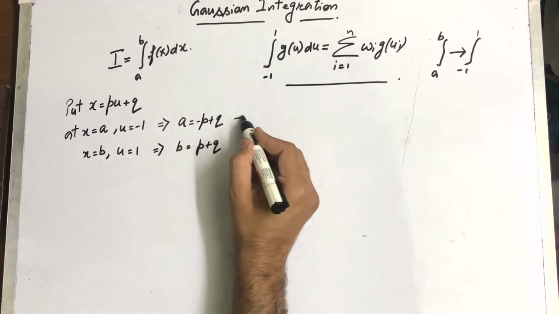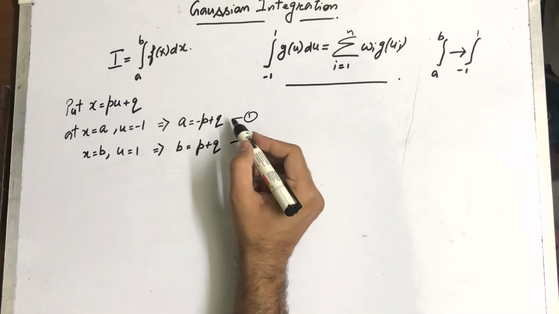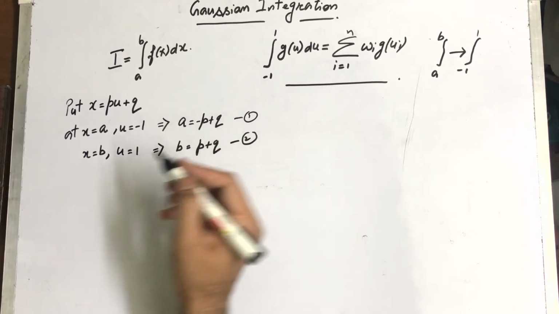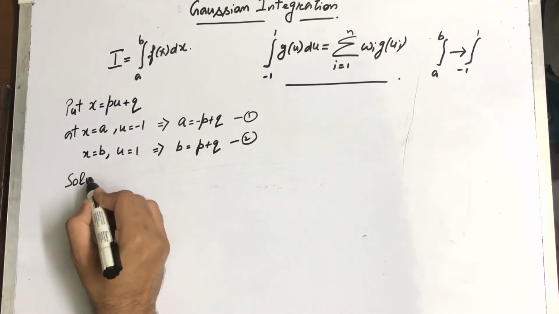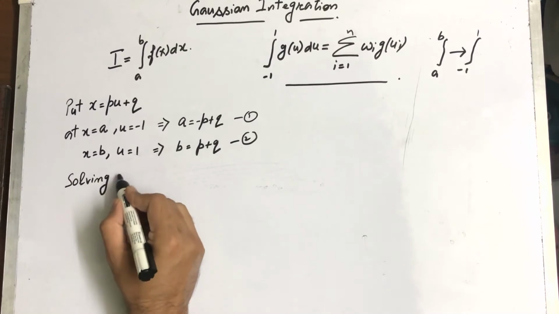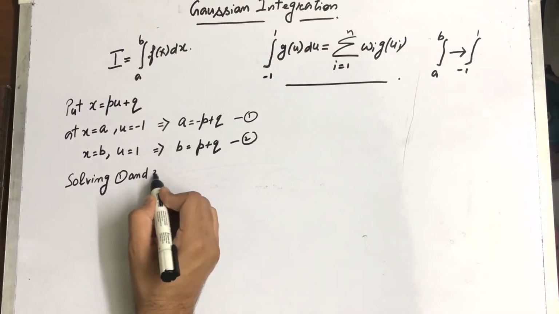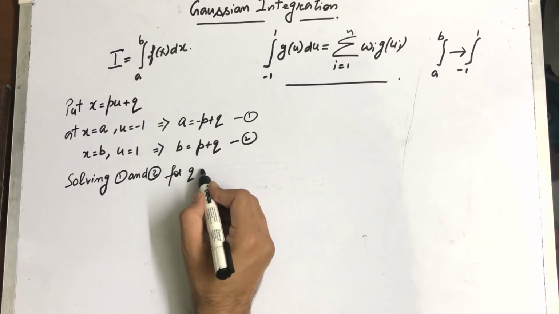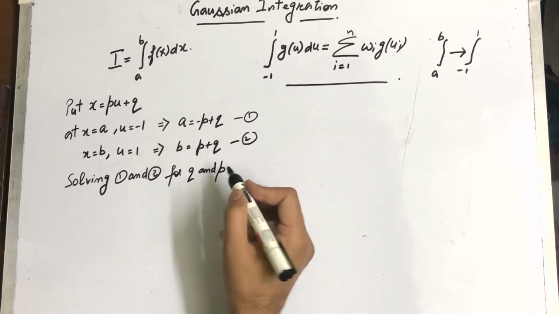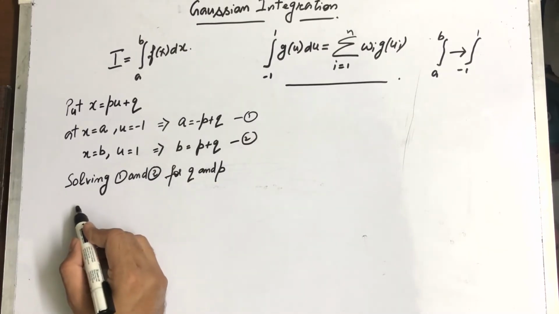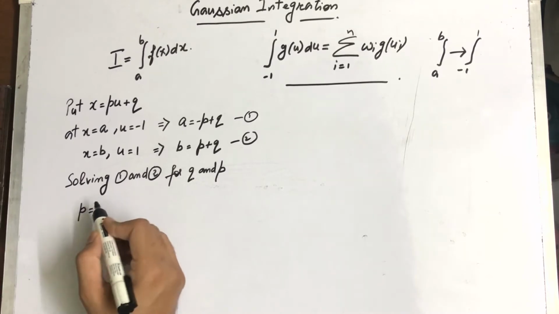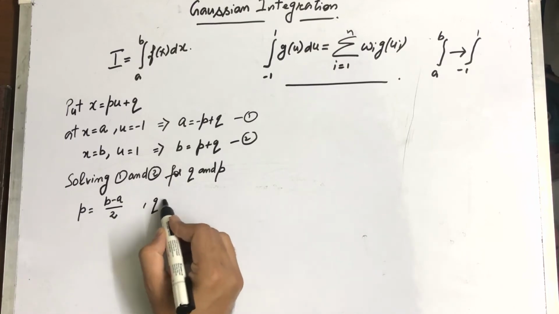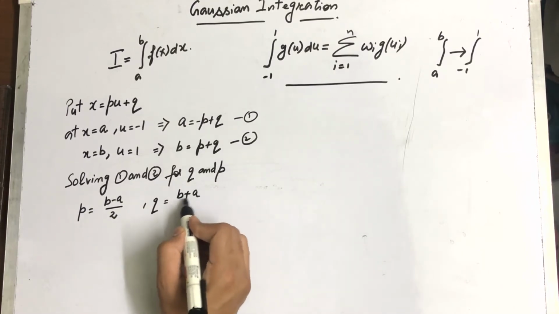So we name this as 1 and this as 2, and we solve 1 and 2 for the values of p and q. After solving, very easily we can find the solution. p will be (b minus a) upon 2 and q will be (b plus a) upon 2.